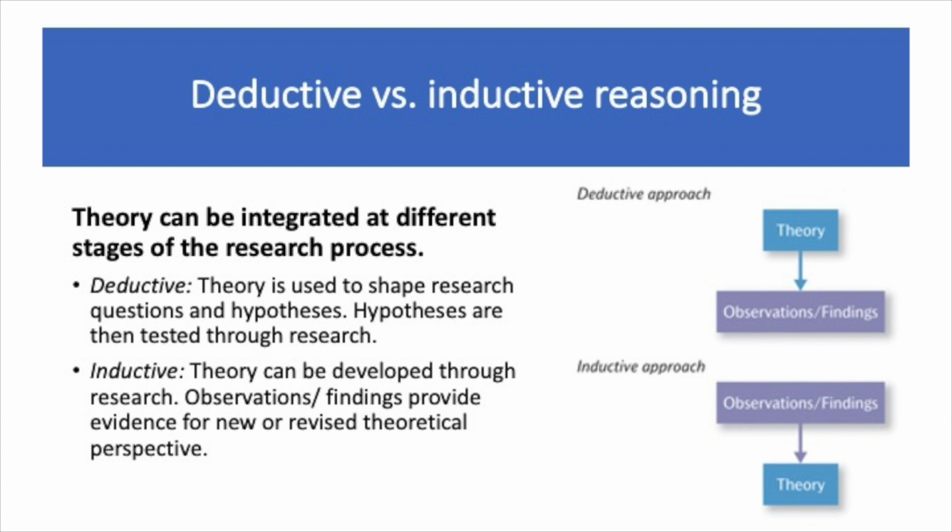We obviously do some induction as well, right? When you complete a research project and you're trying to interpret your findings within the broader literature, you're using inductive reasoning there. So it isn't so clear-cut as to say quantitative research is all deductive and qualitative research is all inductive. But we do tend to see more deductive reasoning applied within quantitative research.